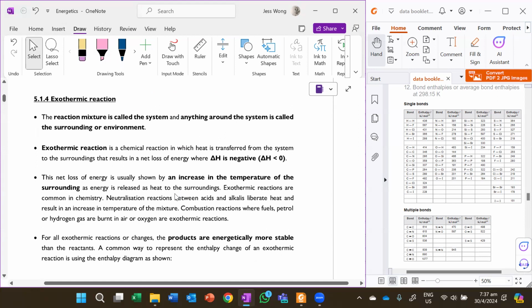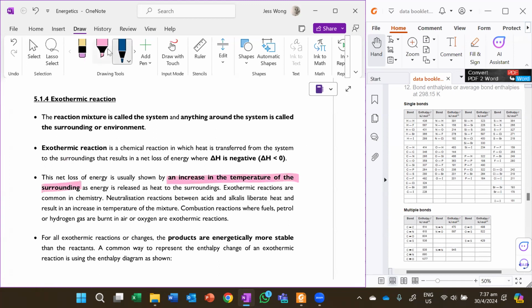I believe you understand. But I just need to emphasize that when you are measuring a temperature change as a result of the reaction, the temperature change that you are measuring is always the surrounding temperature and not the system temperature. If the system is an exothermic reaction, you will see an increase in the temperature of the surrounding because the heat given out by the system is 100% taken in by the surrounding.